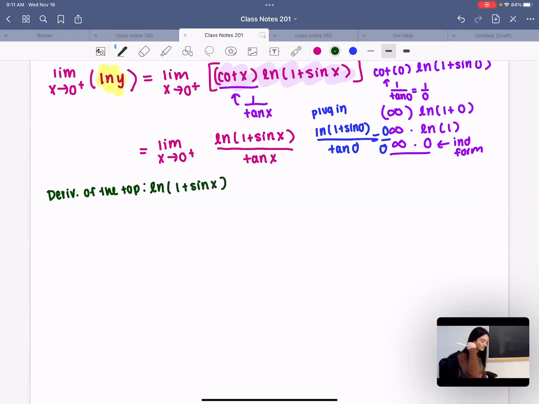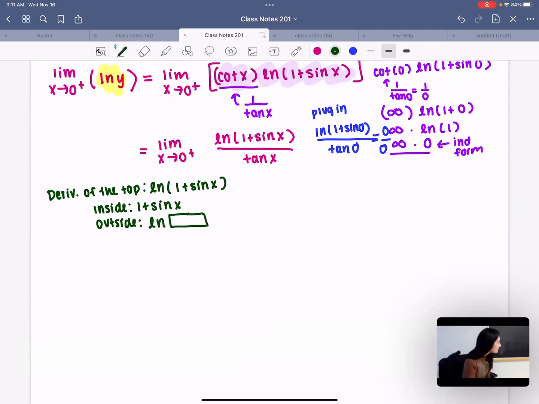What rule am I going to have to use for this? Chain rule, good. What's my inside function? 1 plus sine of x. What's my outside? Natural log of something. I know some of you use u, but I like using the box.